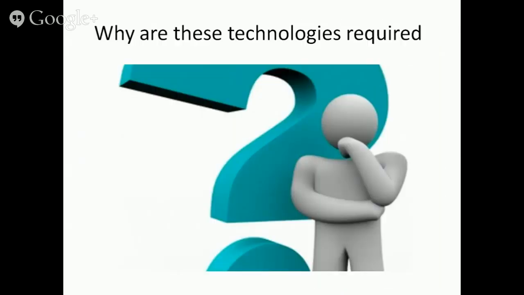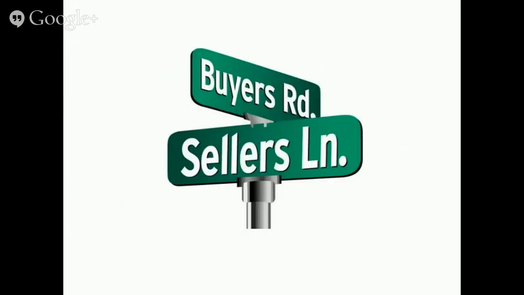We must now ask ourselves why these technologies are required. Why do we use computers in production? To answer these questions, we'll look at the market for mechanical components, devices, and machines. The market has two parties. There are buyers or customers on one side and sellers on the other side.